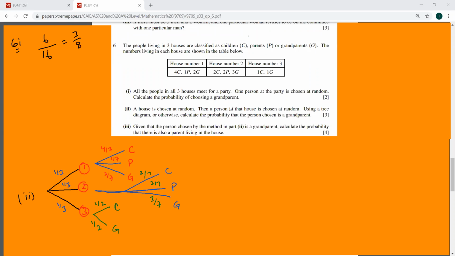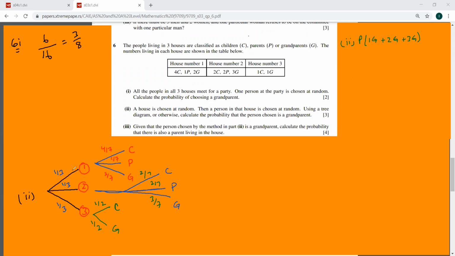Now it says that the person in that house is chosen. Using the tree diagram, calculate the probability that the person chosen is a grandparent. So this can be the second part answer I'm writing here. It can be 1 and then grandparent, plus 2 and then grandparent, plus 3 and then grandparent.